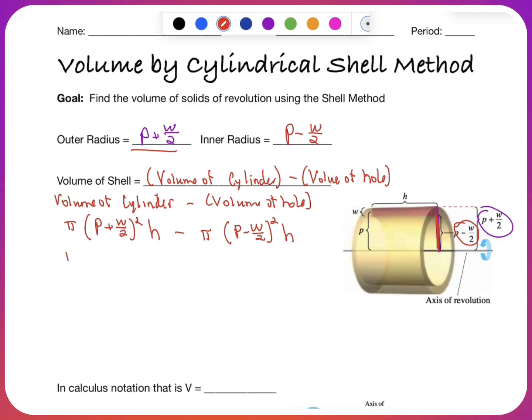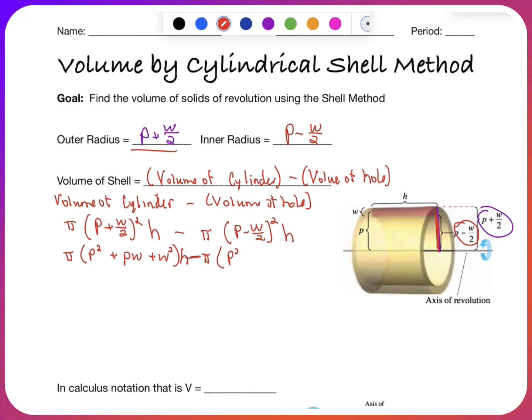All right, so a little algebra here. We're going to take the full method and figure out what P plus W over 2 times P plus W over 2 is. And when you work that out, you get P squared plus PW plus W squared, and we still have that times the h. And then here we do the same thing but with the minus sign, so our sign in between changes.